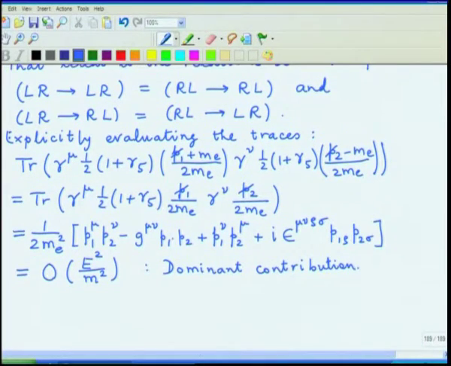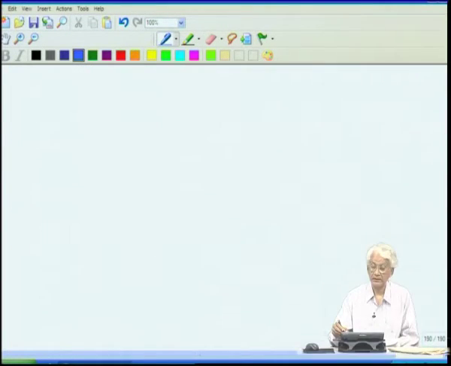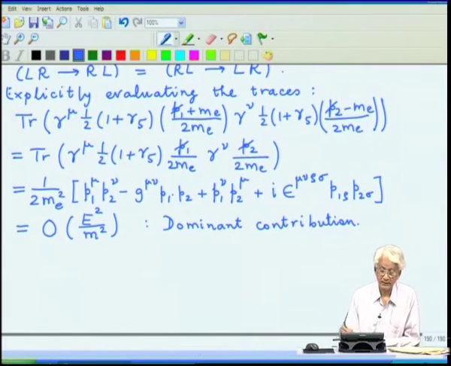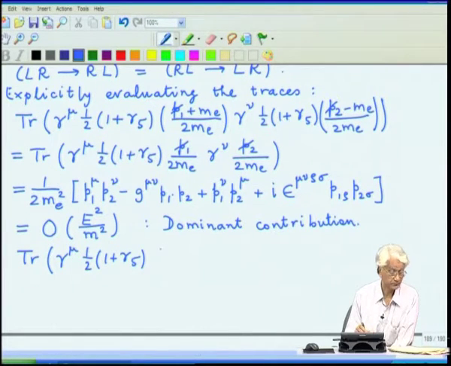Let us also evaluate the other part, which has the wrong helicity combination, and see what comes out of that. So, in that case we had the same factors, just one sign of gamma 5 is different.